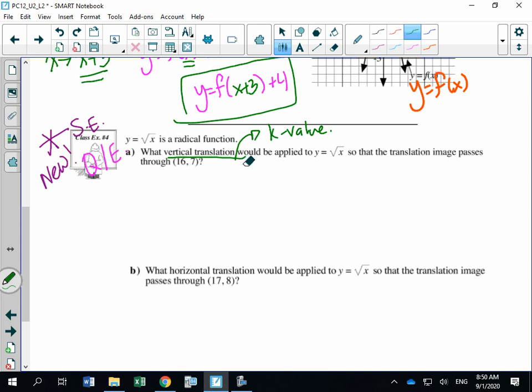So what vertical translation would be applied to this function so that the translated image passes through 16, 7? So essentially, on this original function, we're going to have a point, and then that point is going to be translated to 16, 7, and they're wondering what was the k value to get to this?